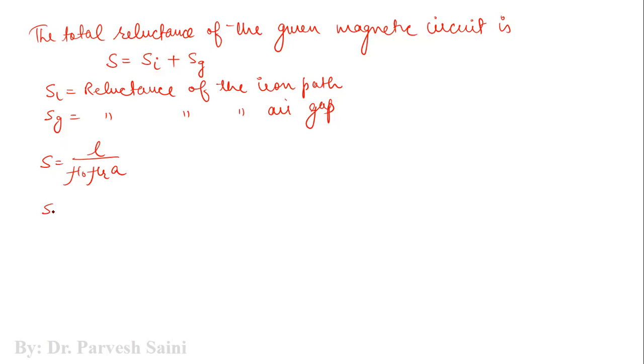So Si is equal to Li divided by mu naught mu R A, and Sg is the length of the air gap divided by mu naught into A. Here mu R is 1 in the case of the air gap. Now we can substitute the values here.